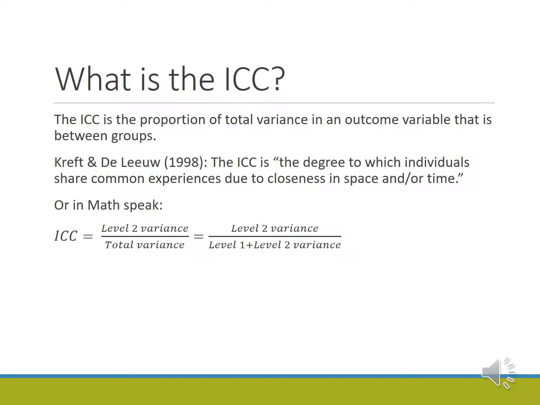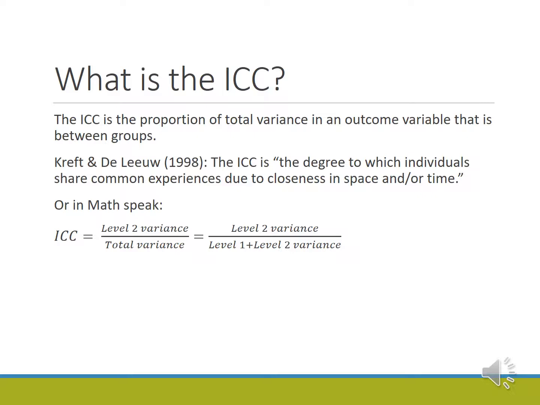Kreft and de Leeuw define and talk about the ICC as the degree to which individuals share common experiences due to closeness in space and/or time. So this is more conceptual in terms of application. In our case, it would be the degree to which individuals share common experiences in the gym, and how much does that account for the total variance?